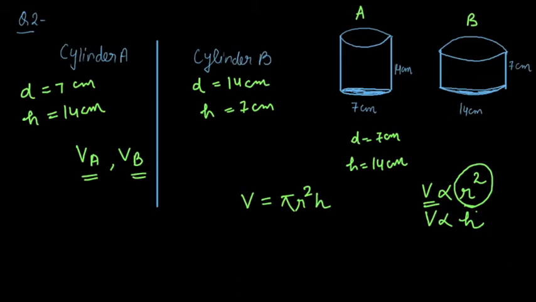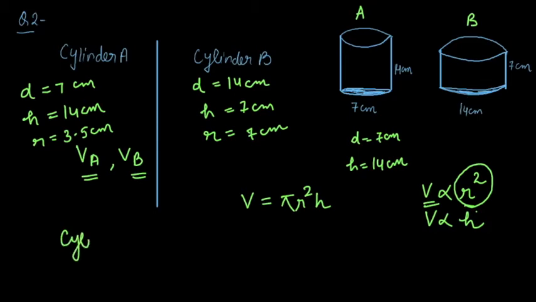So we will see in which cylinder the radius is bigger. The radius in the first cylinder is 7 by 2, means 3.5 centimeter, and in the second 14 upon 2, means 7 centimeter. In which cylinder is the radius bigger? Cylinder B. If the radius in cylinder B is bigger, it will hold more, its volume will be greater. So just with imagination, you can tell that the cylinder with the greater radius will have greater volume.